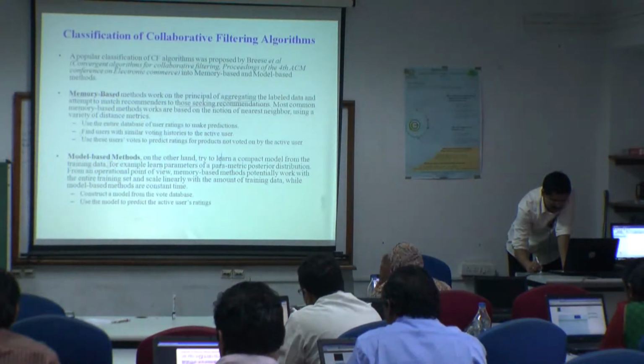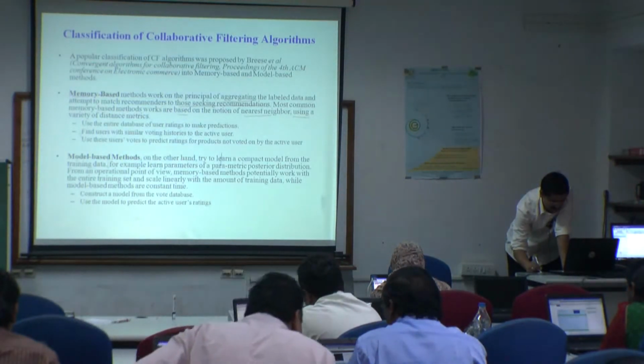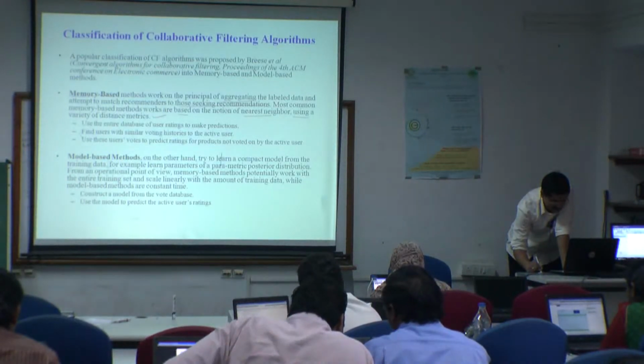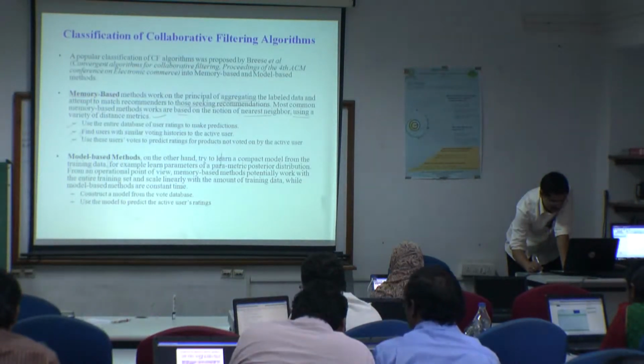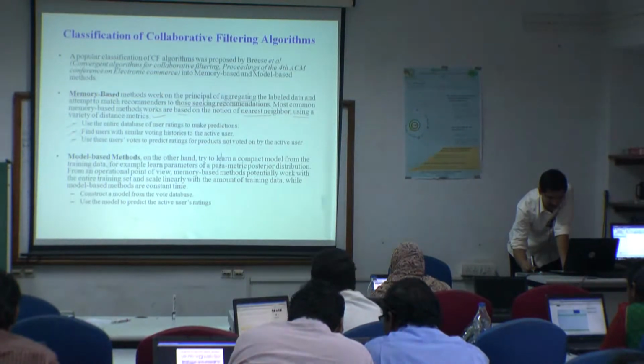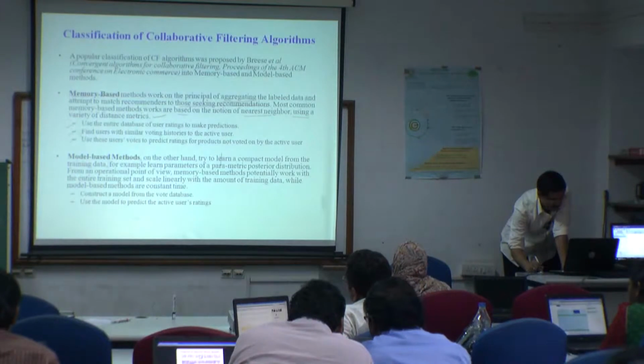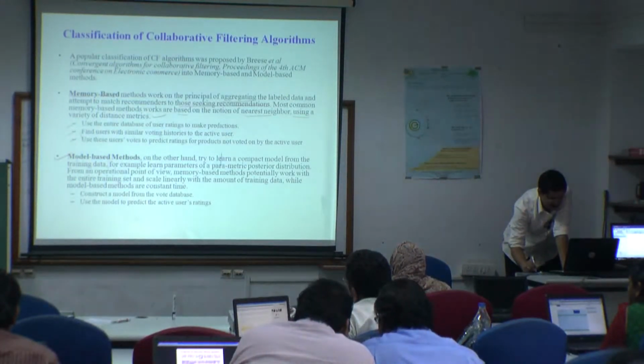The most common memory based methods are based on the notion of nearest neighbor using a variety of distance metrics. So the basic points are: it uses the entire database of user ratings to make predictions, it finds the users with similar voting histories to the active user, and it uses these users' votes to predict the rating of the products not voted by the active user. Another is the model based method.